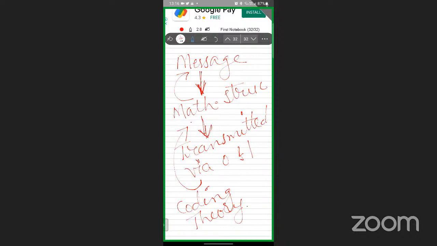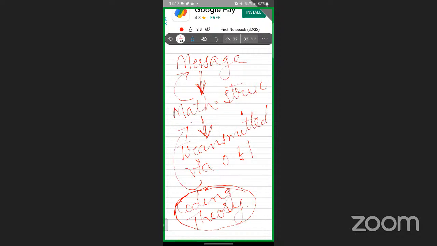After receiving that string of zeros and ones, we interpret it back as a structure, and that structure back as a message. Is that clear what coding theory is all about? Yes, sir. It is converting a message into codes and then retrieving it back to messages.